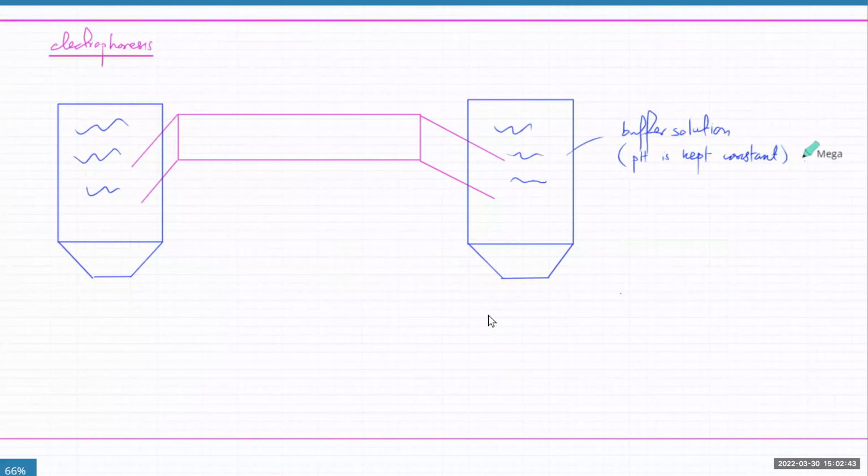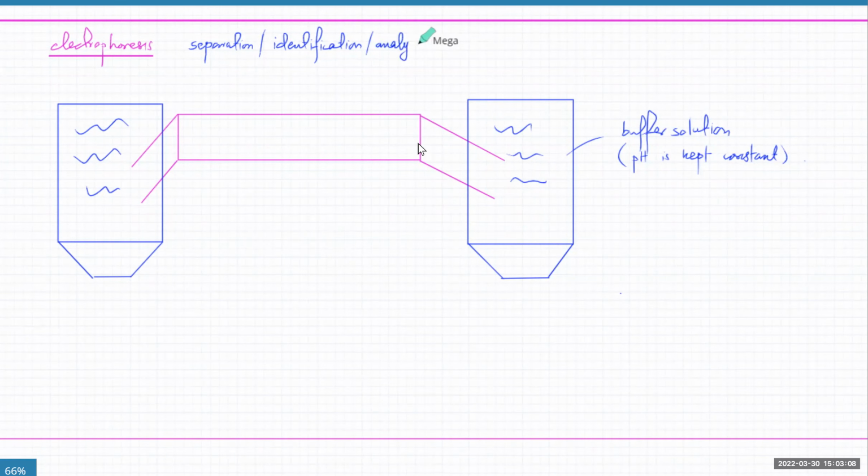The pH is kept constant, and it's a technique for separating or analyzing amino acids. So it's for separation, identification, and analysis of amino acids, which is very similar to chromatography.